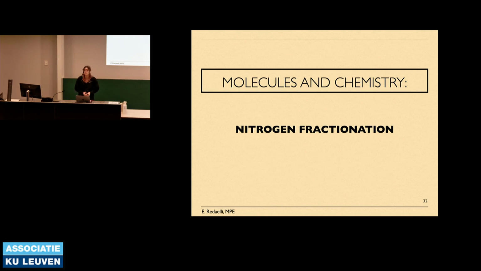So far I spoke about how we can use molecules to trace physics, basically dynamics, kinematics, and so on. Of course, I am an astrochemist, so I'm very interested also in chemistry. And of course, molecules bring a lot of info concerning this. And in particular, I am very fond of fractionation processes, and I will just give you a little hint of what we're talking about.